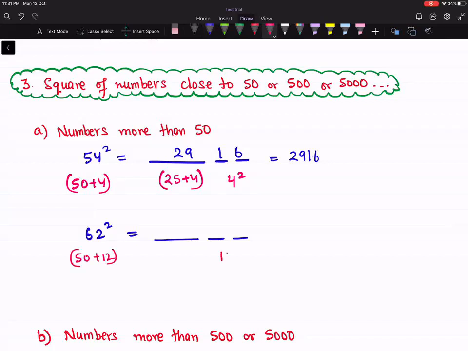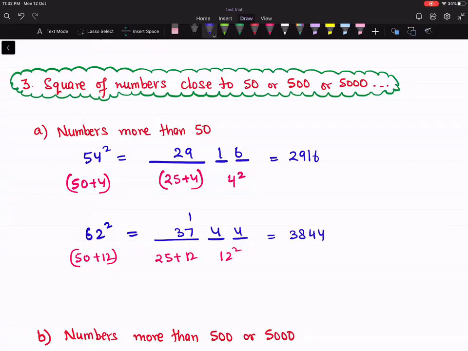So rightmost is 12 square and left is 25 plus 12. No more 62 plus 12, right? So this is 37 and this is 144. So one gets carried forward. So this is 3844. That's the square.